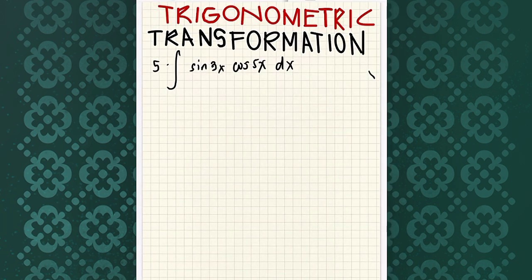So let's solve this last problem, which is the integral of sine 3x multiplied by cos 5x dx.